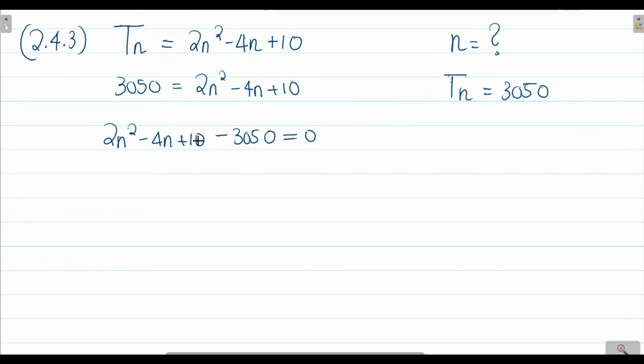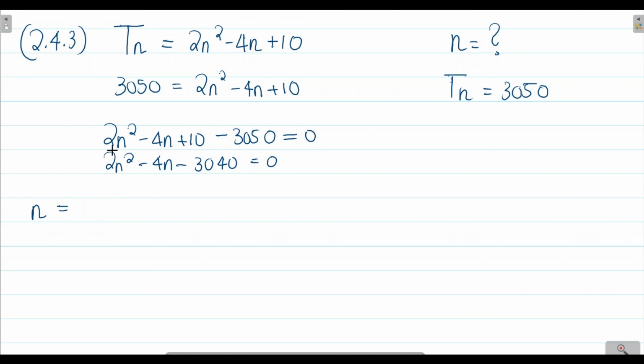Then you simplify that further and you get 2n squared minus 4n minus 3040 is equal to 0. Here you can simply use the quadratic formula to calculate n. So instead of writing x, you do realize that we're going to write n, because we're looking for n and not x.